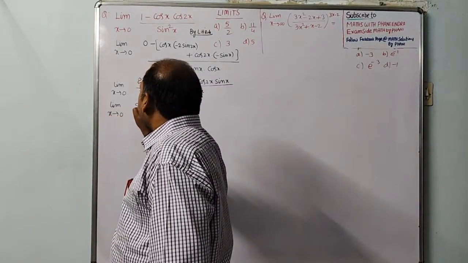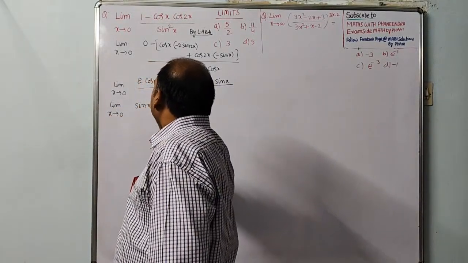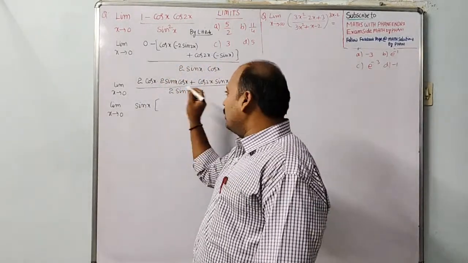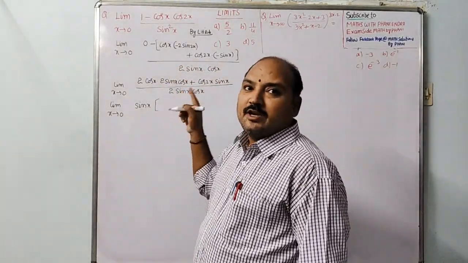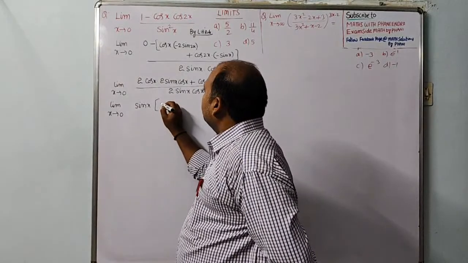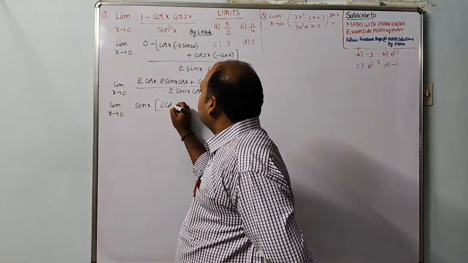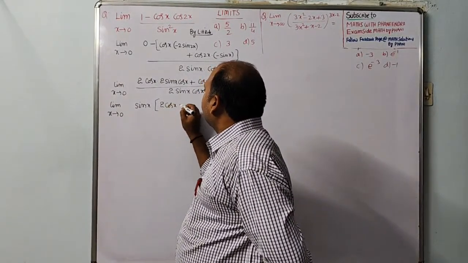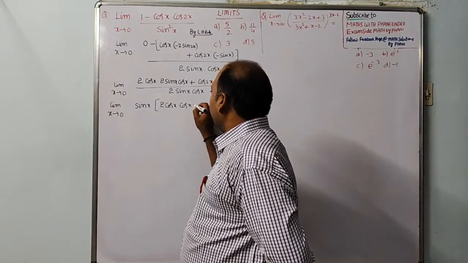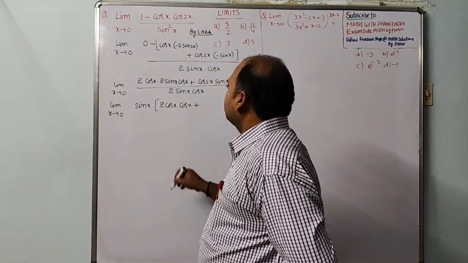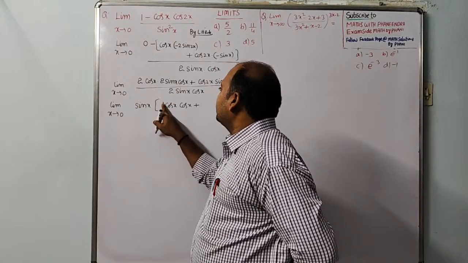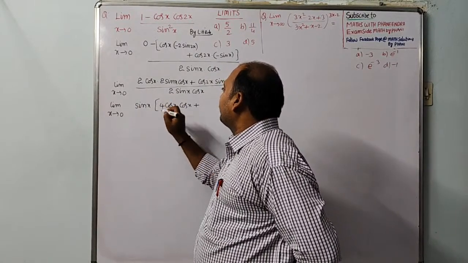Limit x tends to 0. Sin x I am taking common from both the terms in the numerator. So 2 cos x into cos x, that means cos square x, plus, not only 2 into 2, 4 is there. I'm very sorry.